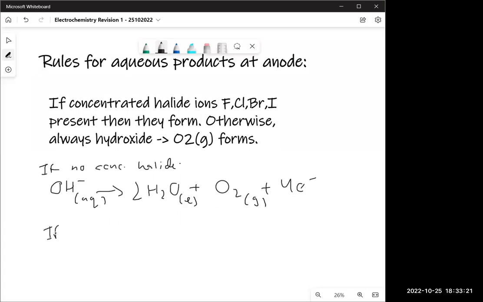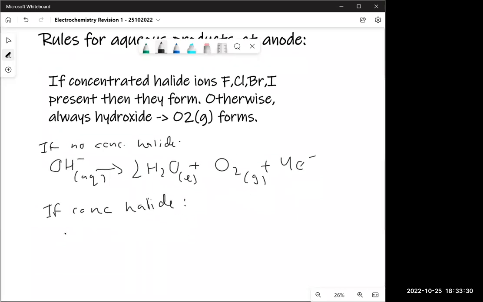But if concentrated halide is present, then what happens is that you'll have halide, X minus, minus electrons, gives us X2.